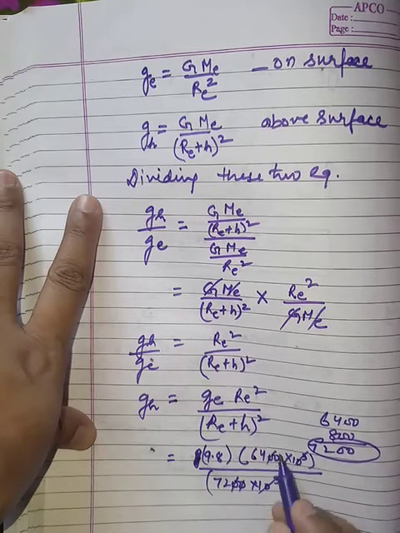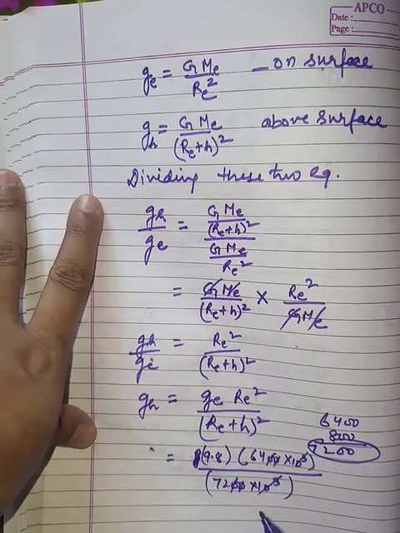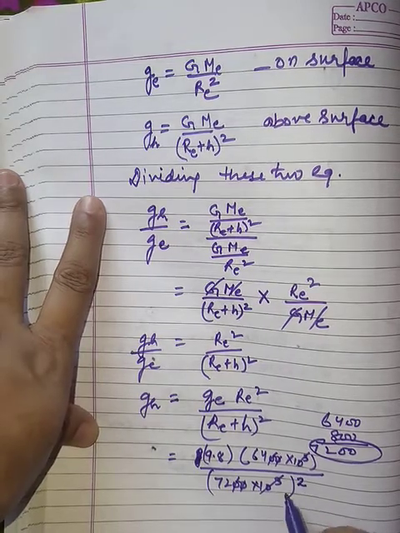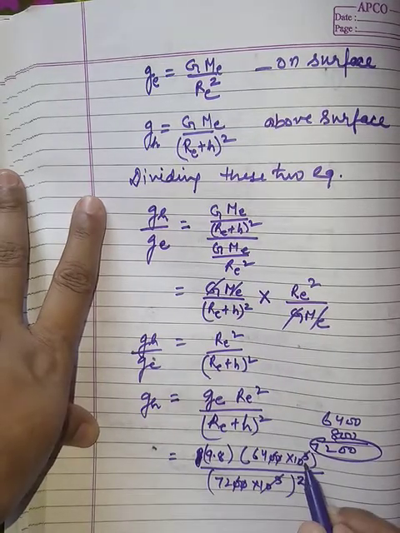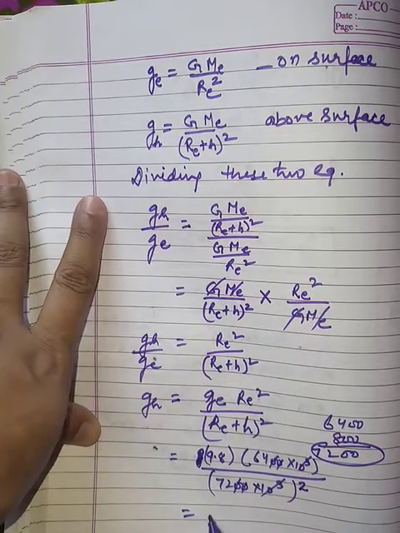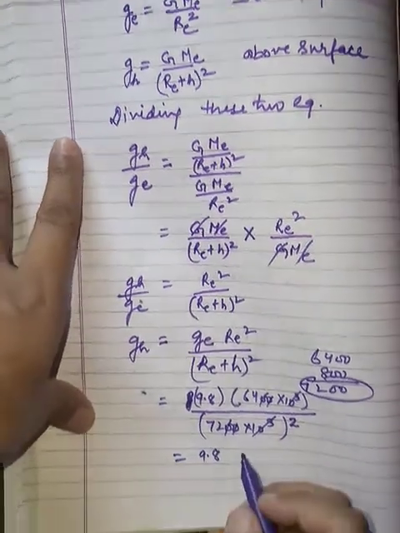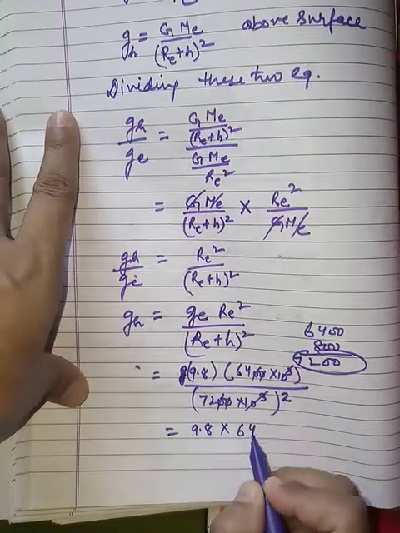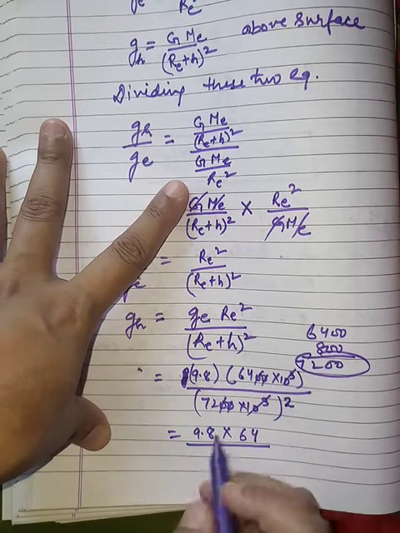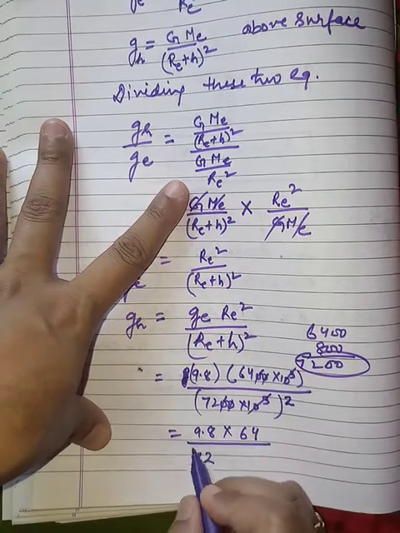The zeros are cancelling, so it will be 9.8 multiplied by 64 divided by 72.